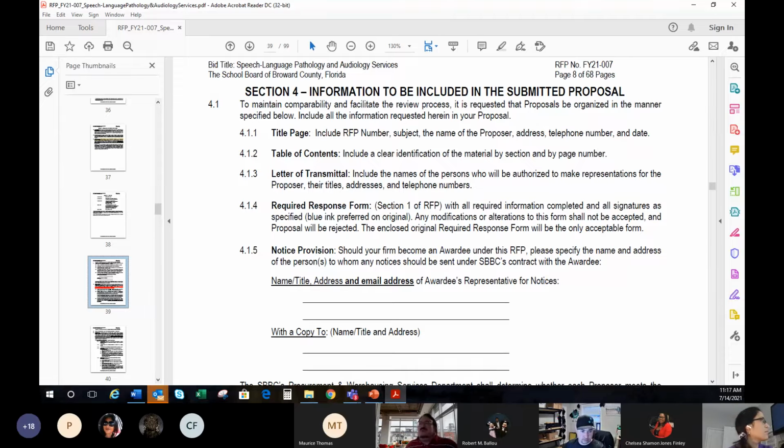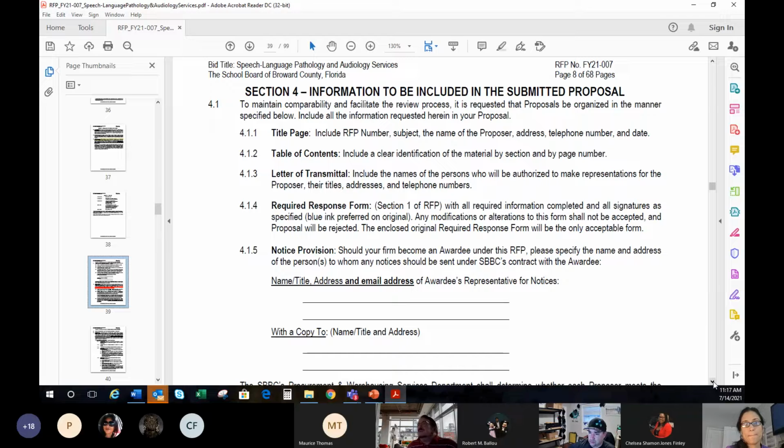If you don't put it in a 3-ring binder, then it could get all mixed up, and that's not something that I, as a purchasing agent, want to spend time doing, re-putting together your proposal. So you have to provide the proposal with a title page, table of contents, and letter of transmittal.